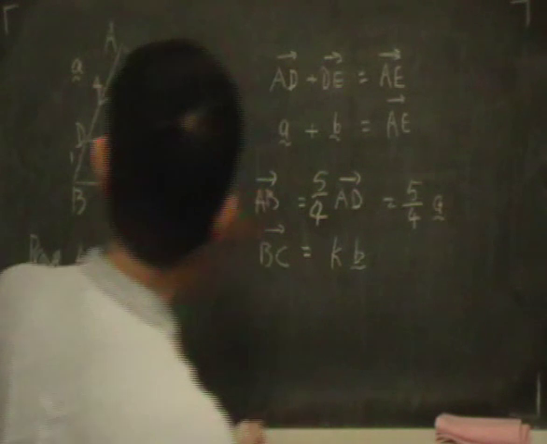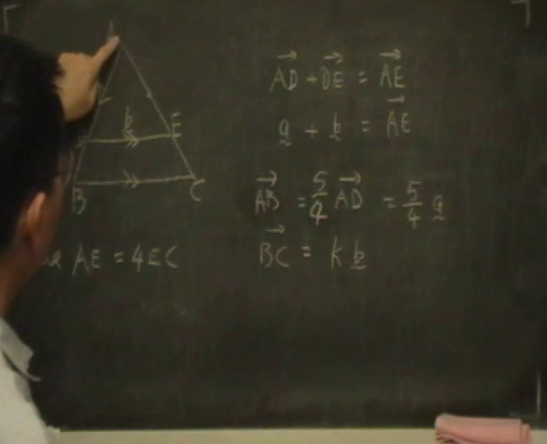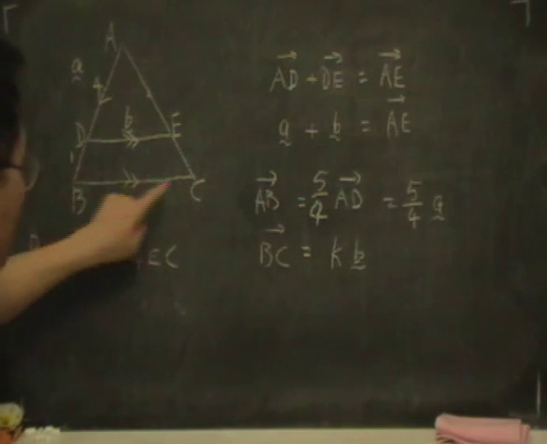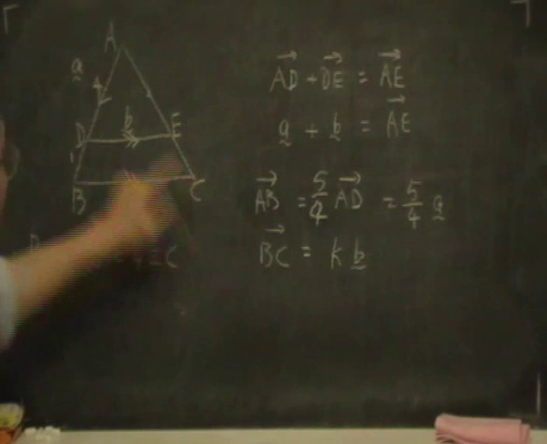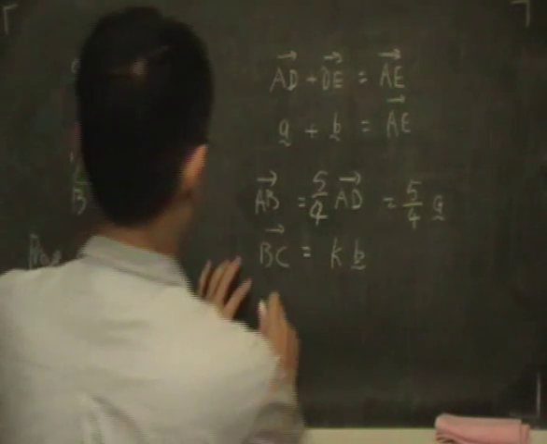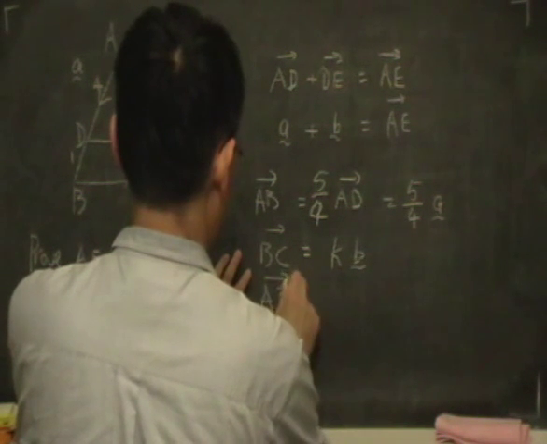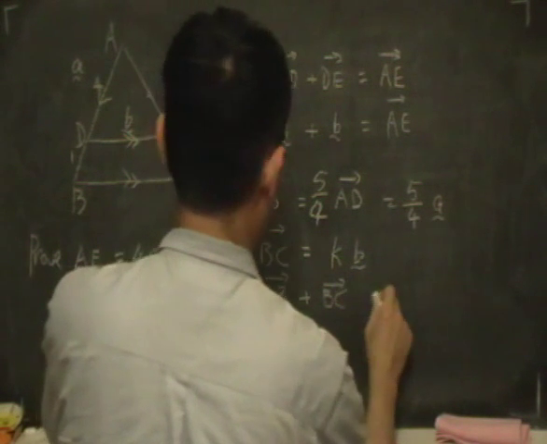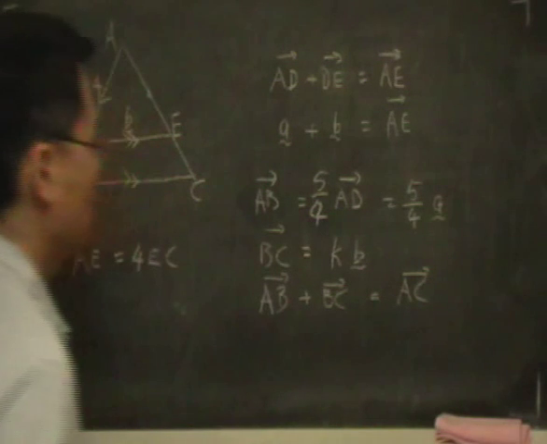Bear with me. Now, if I write down the relation between the vectors along the bigger triangle, we know that the vector AB plus the vector BC must be equal to AC. So the vector AB plus the vector BC must be equal to AC.